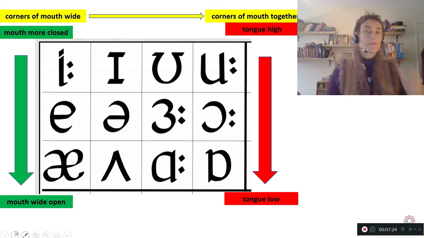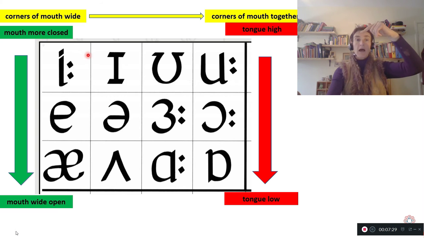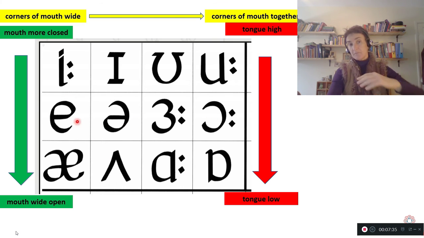Now, to talk about the tongue: it basically moves from a high position here to a low position here. And that means that in the middle row, guess what? The tongue's in the middle. I can't show you my tongue moving, but I can tell you that when I make these sounds, E, I, oo, oo, the back of my tongue is touching the very roof of my mouth.